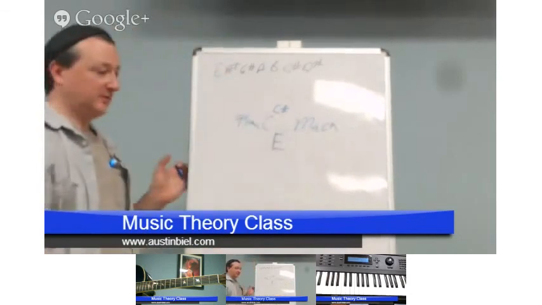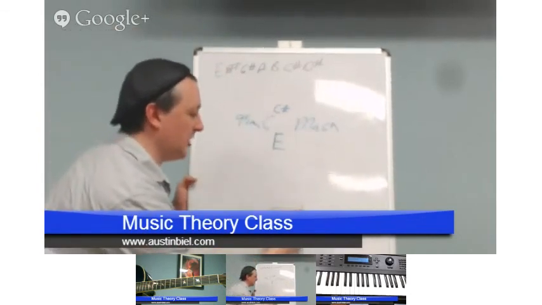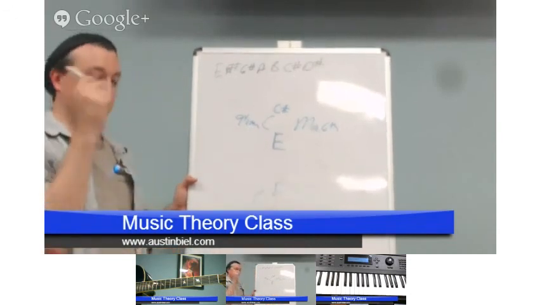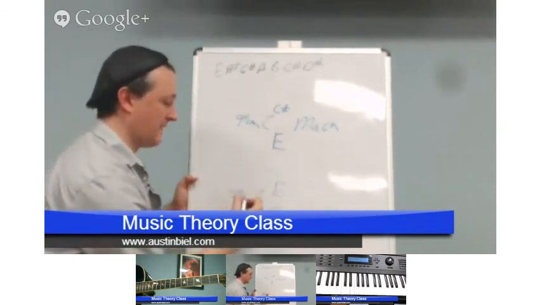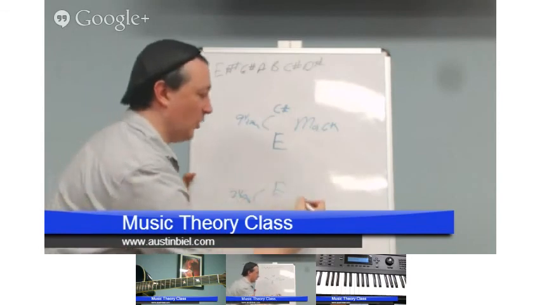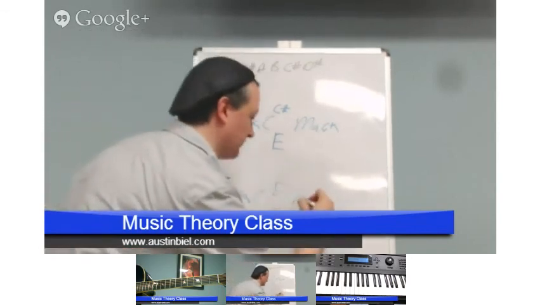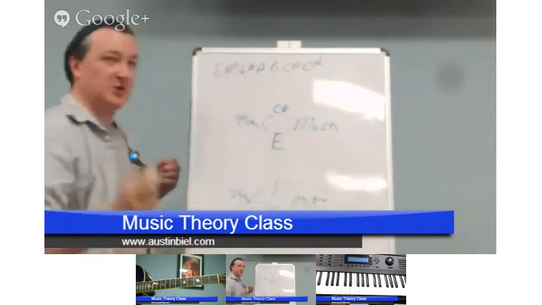If we invert it, we're doing a C sharp at the bottom with an E up top, and that interval is 3 half steps. What do we call 3 half steps? A minor third.